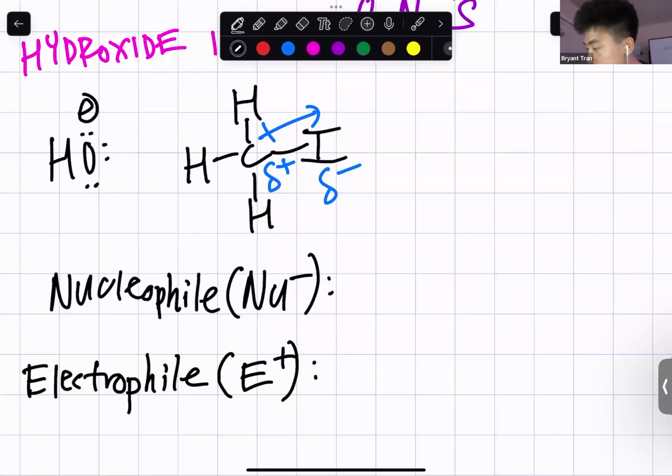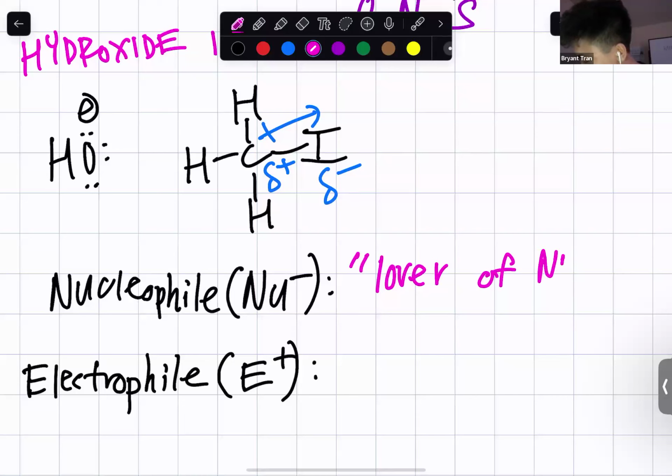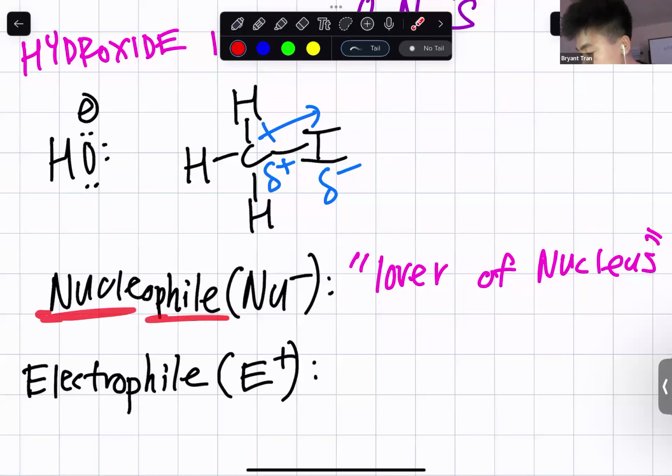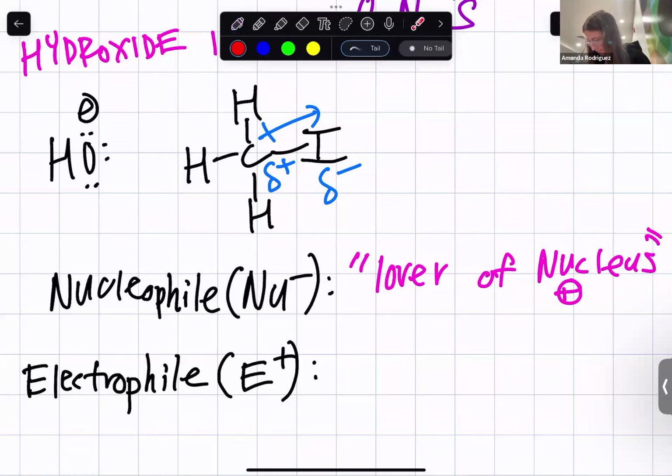So when you see nucleophile, you could think of it as a lover of the nucleus, right? Lover of the nucleus, because nucleo is nucleus, phile is the lover of. And in Gen Chem, we learned that the nucleus consists of protons and neutrons. So overall, the nucleus is going to be positively charged.